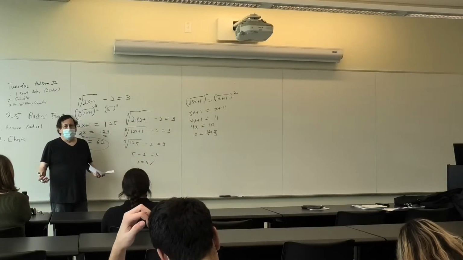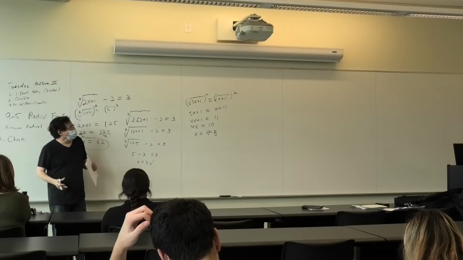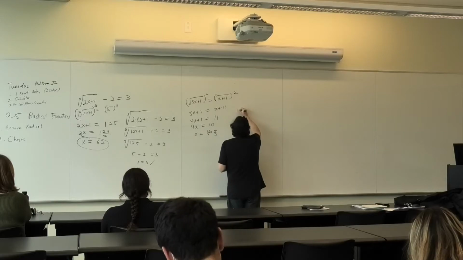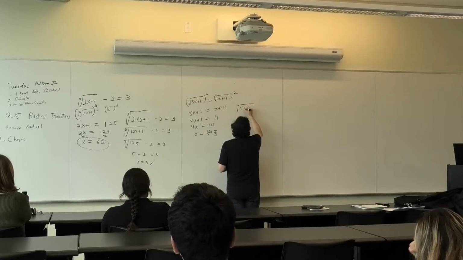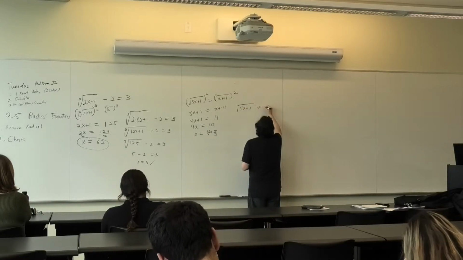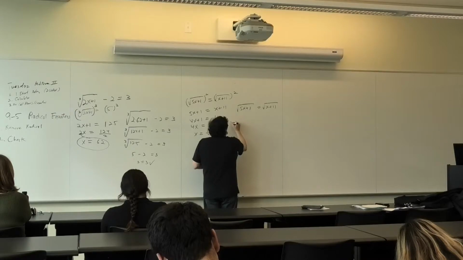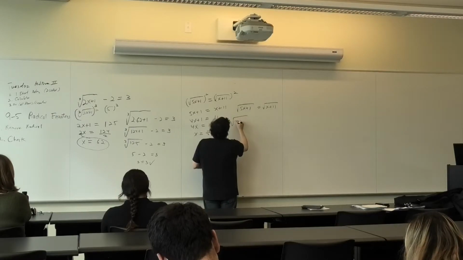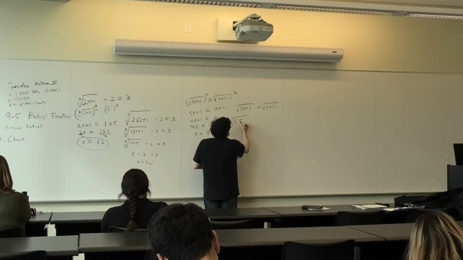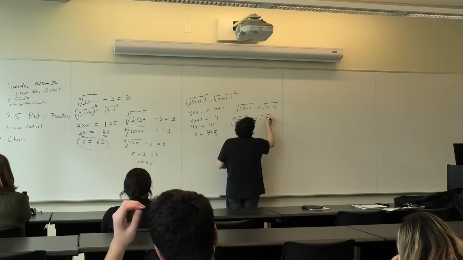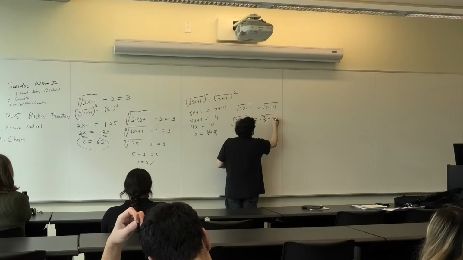But of course, I'm not done. Right? I need to go back and check my original equation, see if this is a valid solution. All right, the square root of 5 times 5/2 plus 1 equals the square root of 5/2 plus 11.